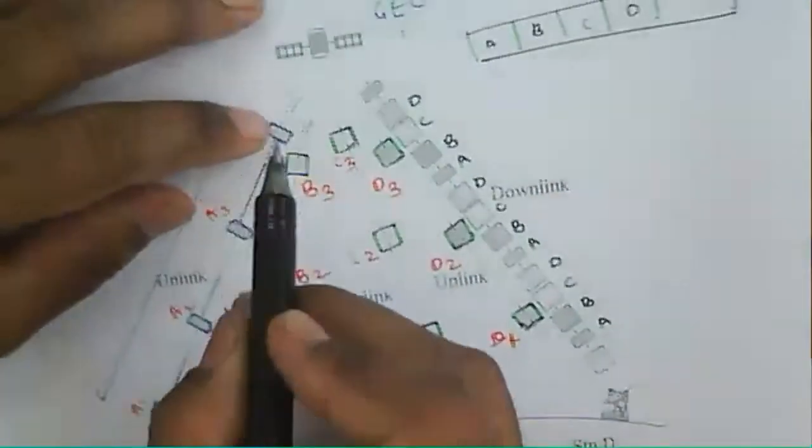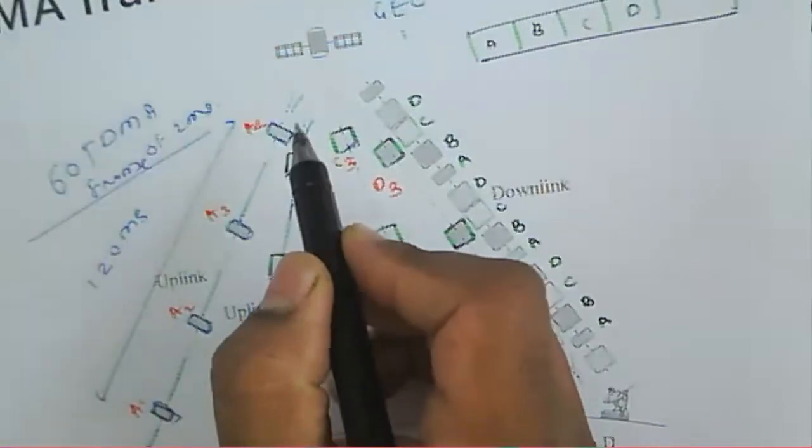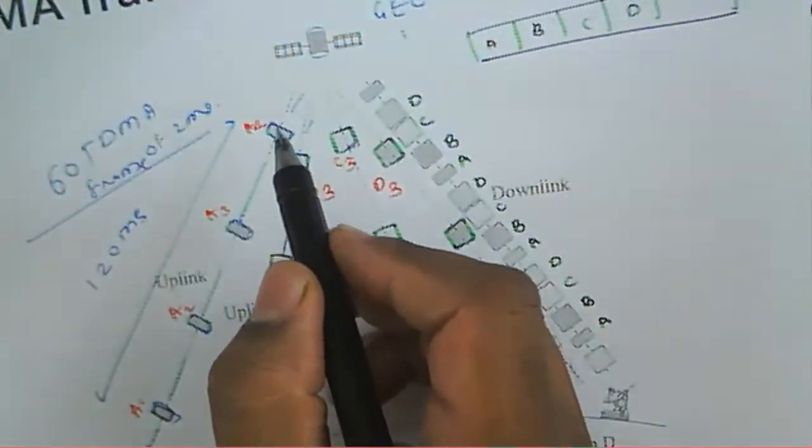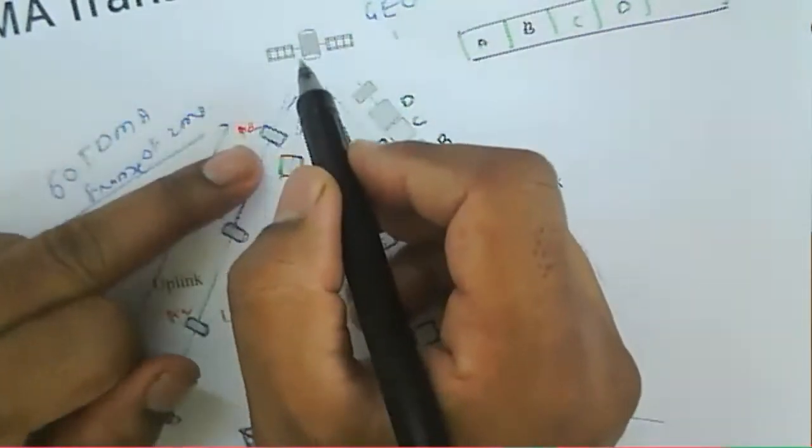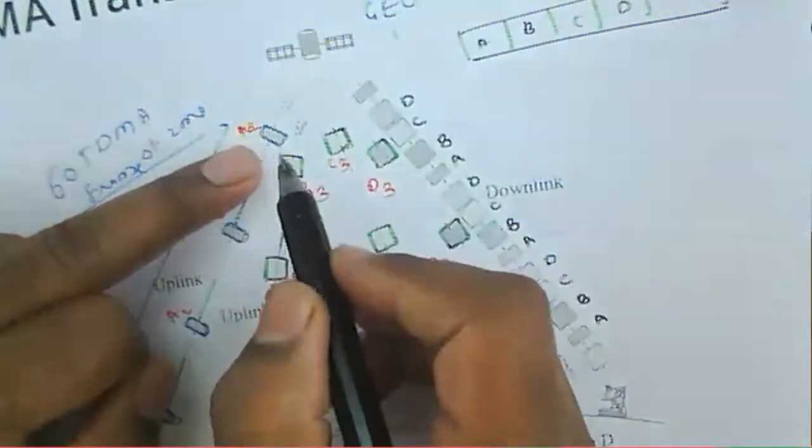So that's why synchronization is what? To place a data burst accurately in the allocated position in that particular frame.